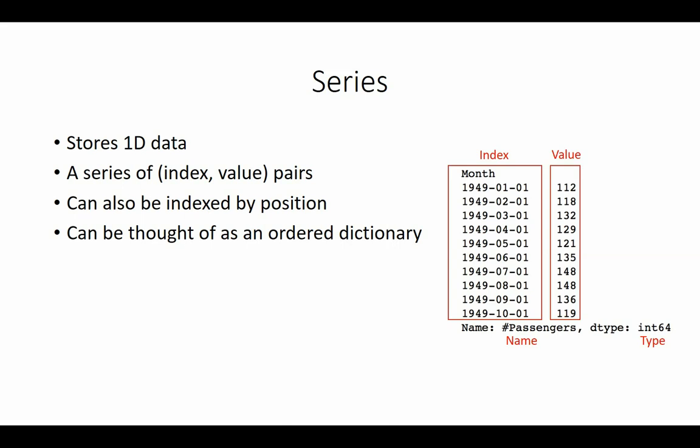And like with NumPy, you have a D type, which refers to the value, not to the index. So here, the D type is an integer, because we want to store integers. Okay, so we can access each value according to its index, like we do with a dictionary. We can also access it by position. We can ask for the third element. And it also has very rich functionality, which allows us to do many manipulations on the data, as we're going to see. Okay, so that's a series.